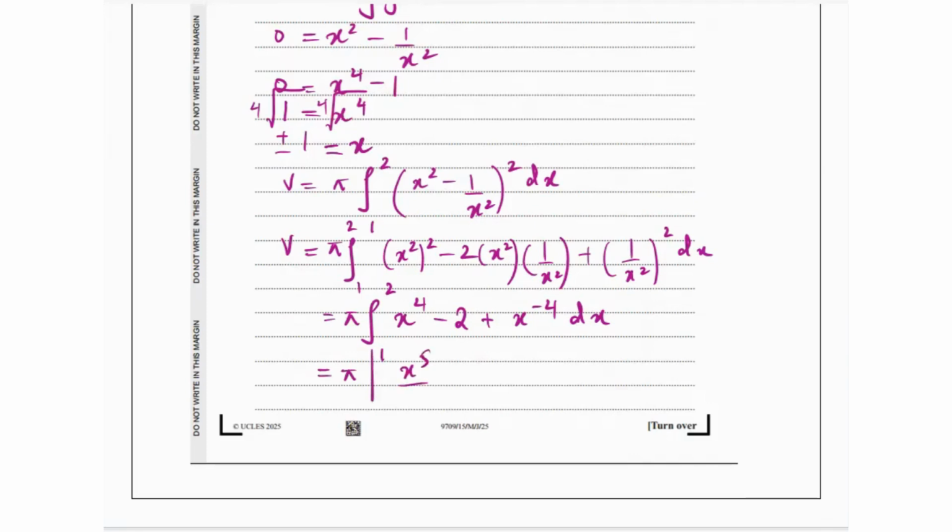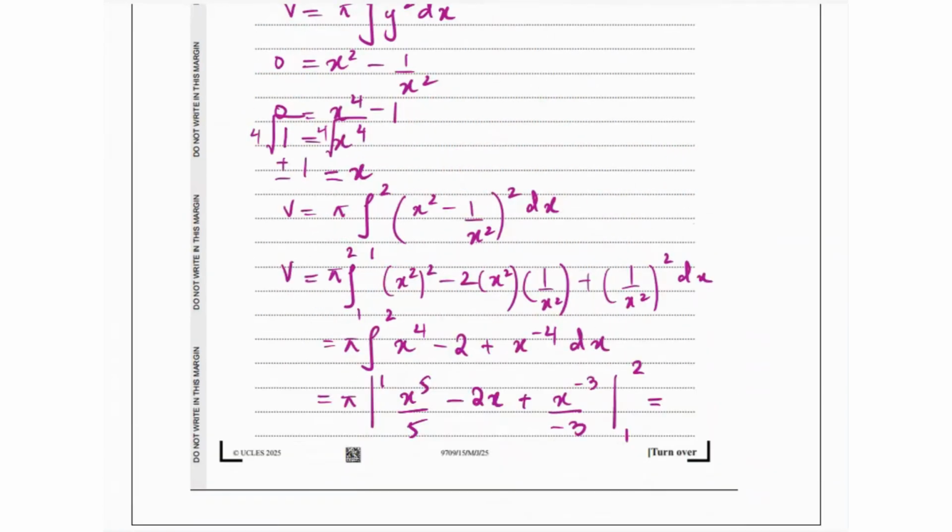x to the power of 5 over 5 minus 2x, plus x to the power of negative 3 over negative 3, from 1 to 2. Now let's find the numerical value of this. So it's going to be 2 to the power of 5 divided by 5 minus 4 minus 1 divided by 24.